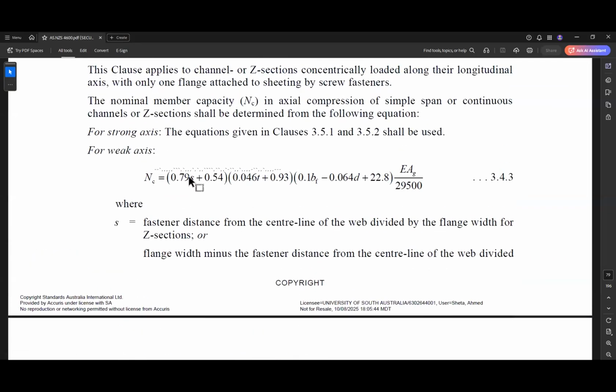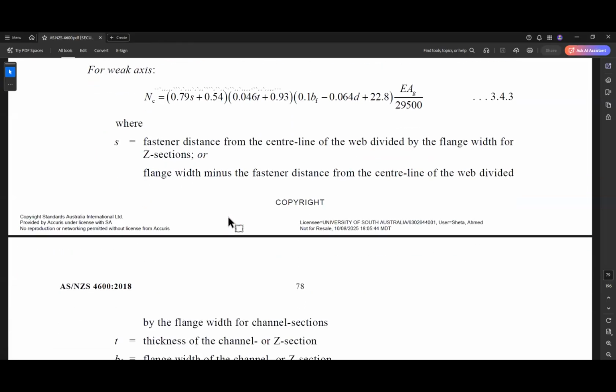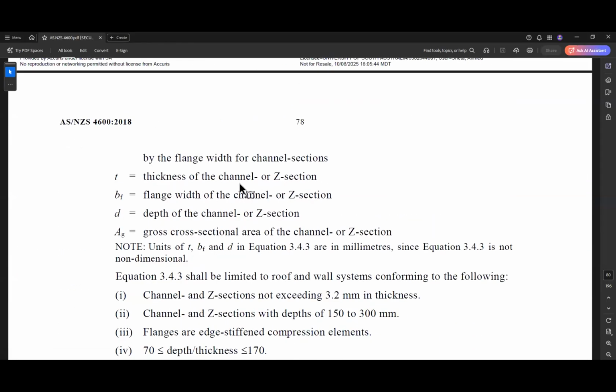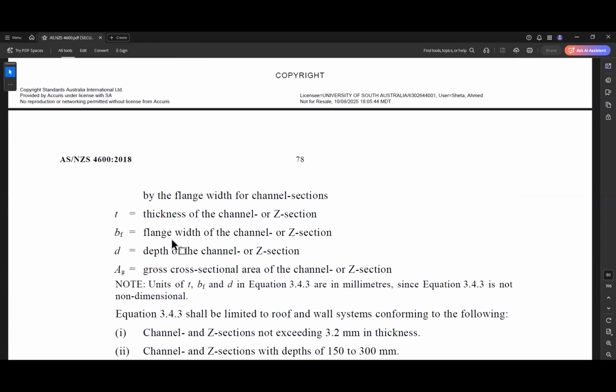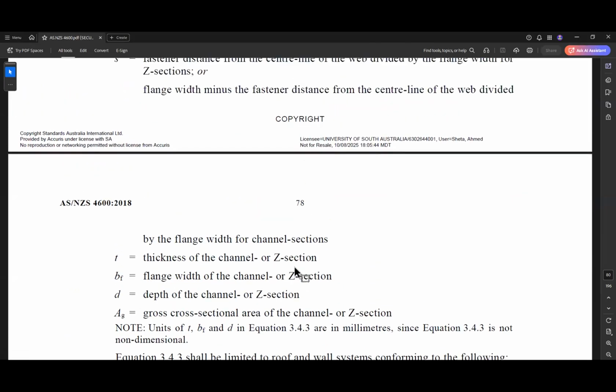So we have a parameter S, which is related to the fastener distance from the center line. t is the thickness of the channel or the web, bf is the flange width, d is the depth of the channel, and Ag is the gross area of the channel.